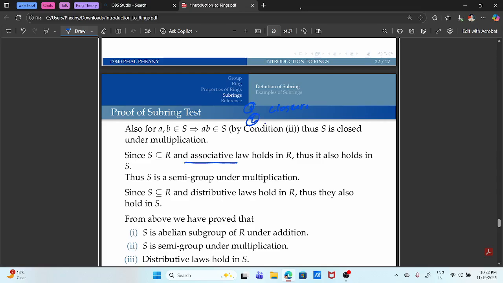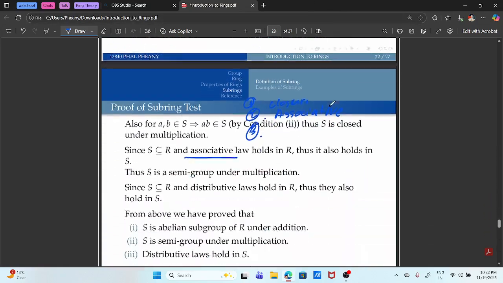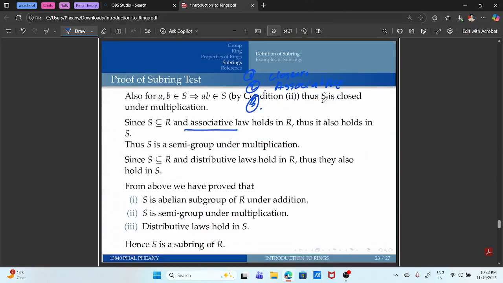Second one is associative. Third one is abelian. And the last part is the distributive law.